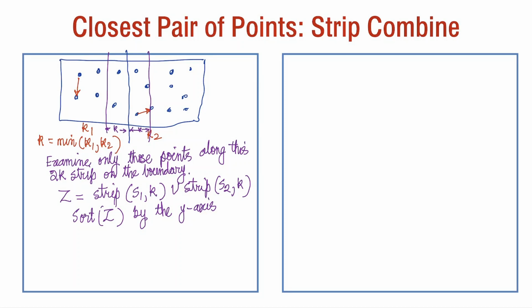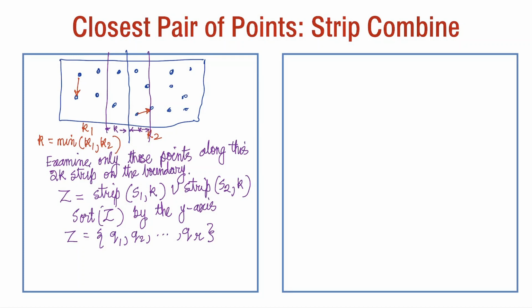So how did we sort z by the y-axis? So now let this z equal to Q1, Q2 up to QR points. Now what do we need to do?